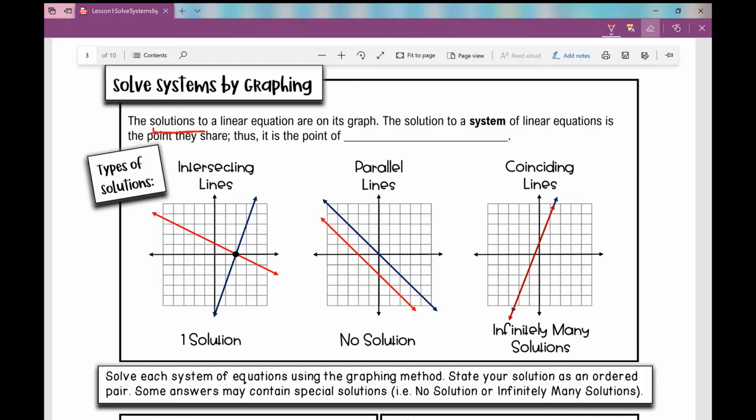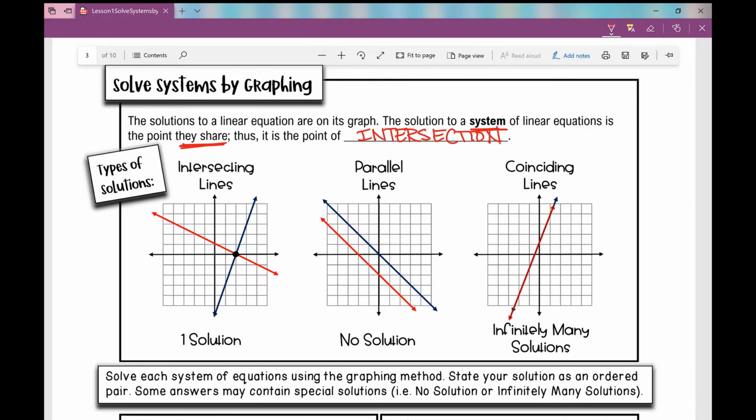When I graph a linear equation, just one, all the solutions are every single point on that line. But the solution to a system of linear equations is the point they share. They both have that point. Thus, it is the point of intersection. Let me rewrite that. It is the point of intersection.